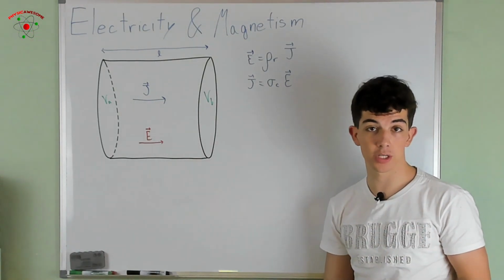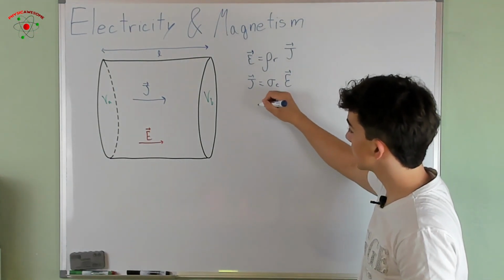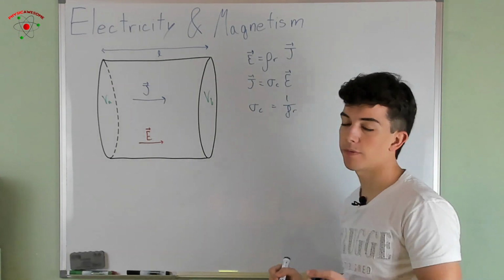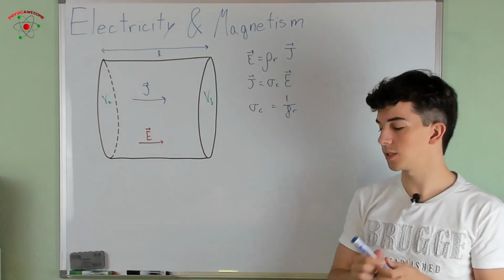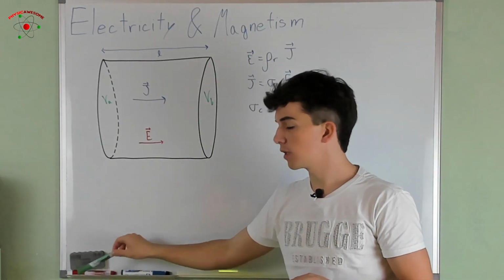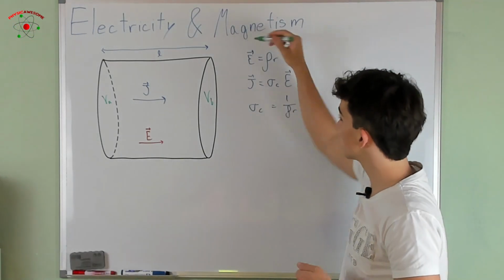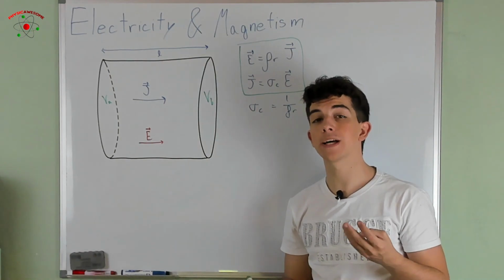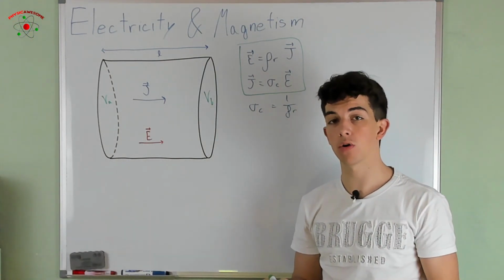It's pretty easy to observe that the conductivity is nothing other than the reciprocal of the resistivity. These two statements over here are what we denote as the macroscopic Ohm's law.